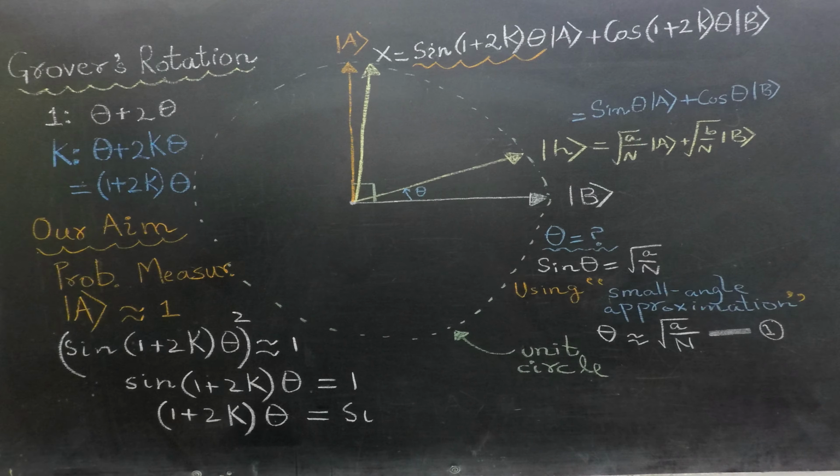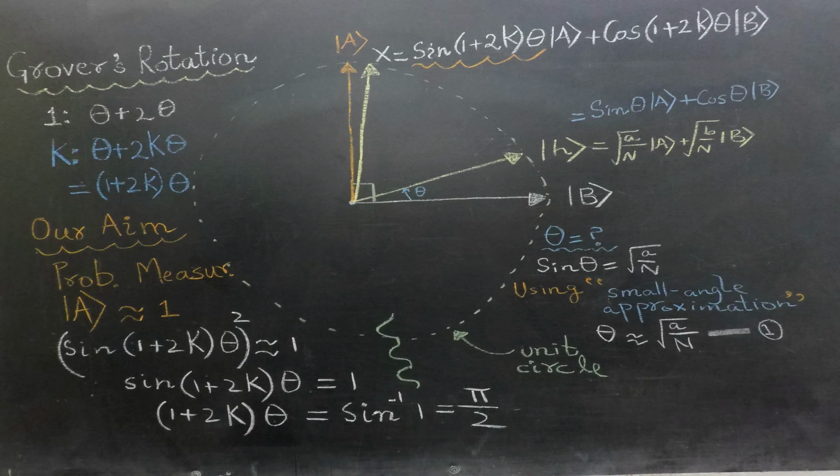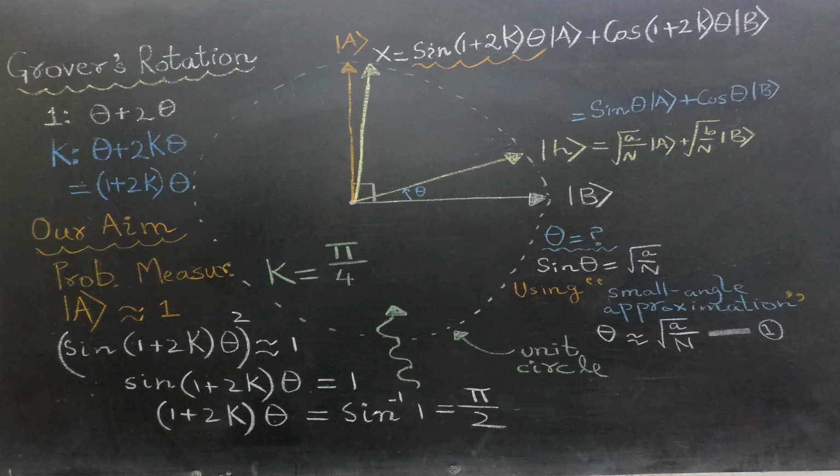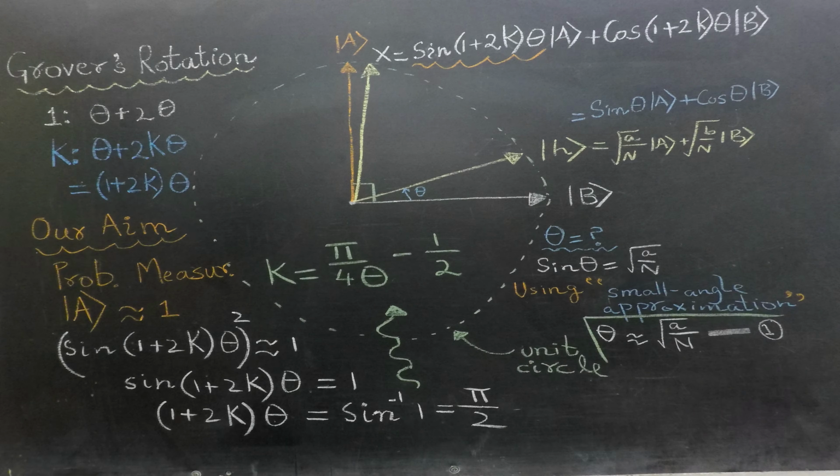We know that the inverse of sine of 1 is pi over 2. Solving it further gives us K is equal to pi by 4 theta minus 1 over 2.